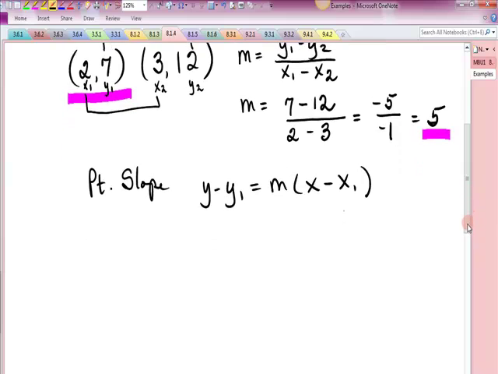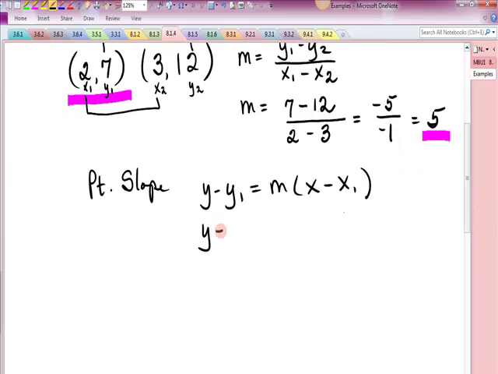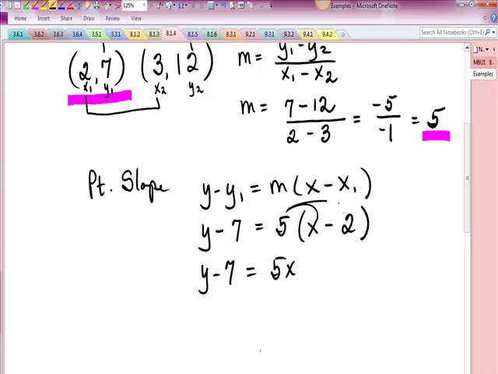All right? So I have y minus 7 is equal to 5, which is the calculated slope, times x minus 2. So I have y minus 7 is equal to, distributive property, 5x minus 10. Add 7 because we need to solve for y. And I have y is equal to 5x minus 3.